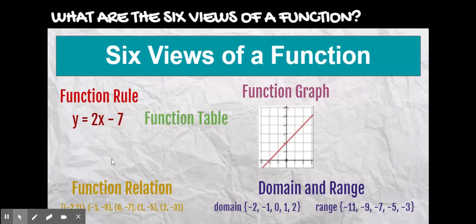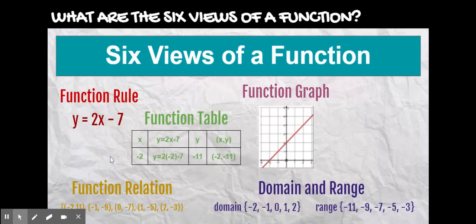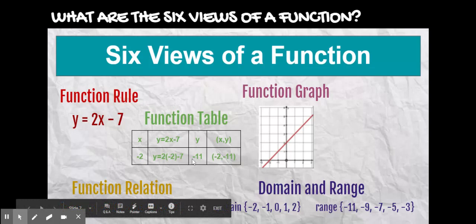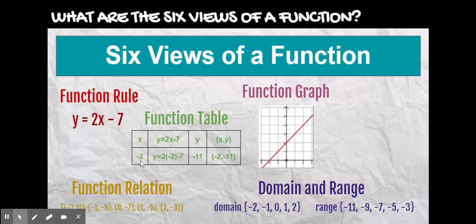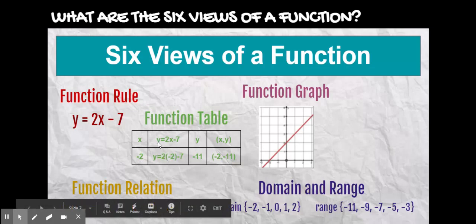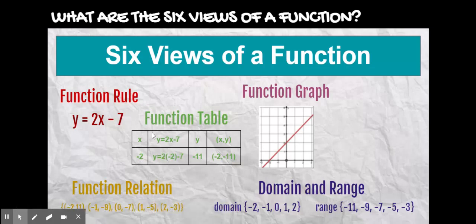Another view that we're going to look at is a table, and that looks like a table of values where we're going to have 4 columns in our table. Our first column will represent our input or domain values. Our second column will be our work column, which will represent the function rule on top, what's happening inside that function.